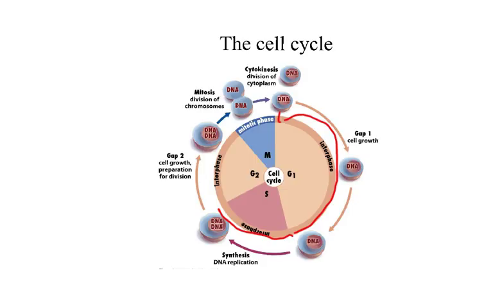G2, this is rapid growth and preparation for division. We then have a very short period of time after interphase where we do prophase, metaphase, anaphase, telophase, and wrap it up with cytokinesis, which is taking that one cell that has 2 copies of DNA and turning it into, eventually, 2 cells that each have 1 copy of the DNA that are going right back into interphase again.